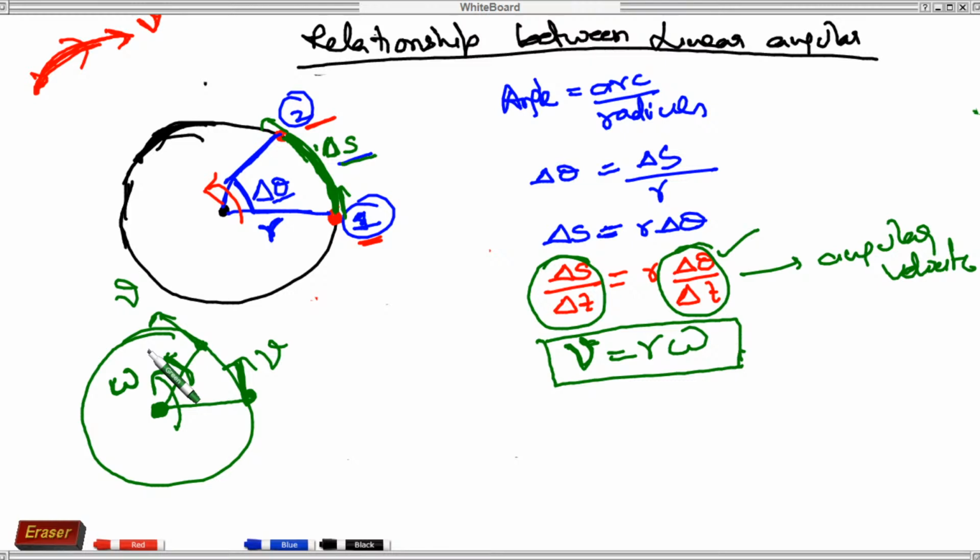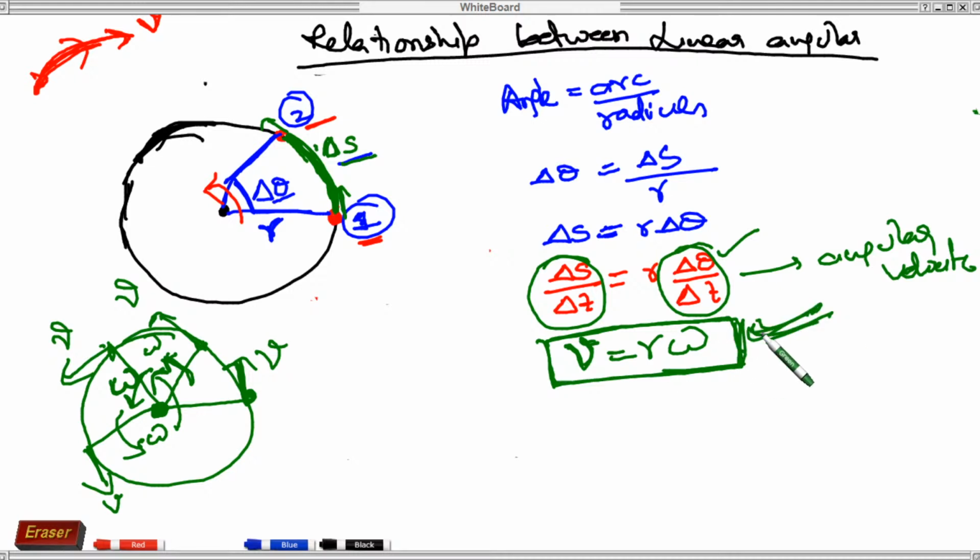So the relation is v is equal to omega into r. This relation is widely used in most of the questions, so you have to remember this.